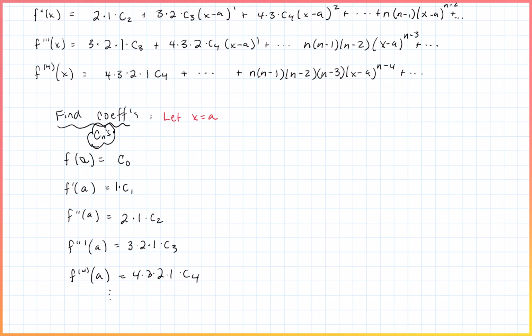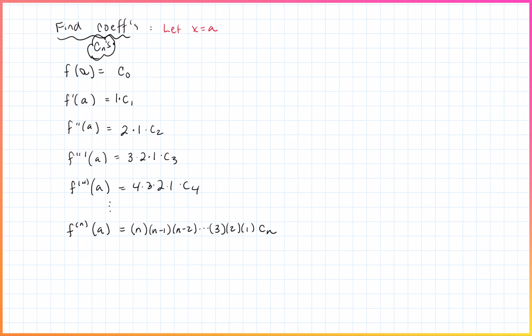And in fact, by the time we get down to the nth derivative evaluated at a, we're going to end up having n times n minus 1 times n minus 2, all the way down to 3, 2, 1. And hopefully you're seeing that pattern: that is actually a factorial.